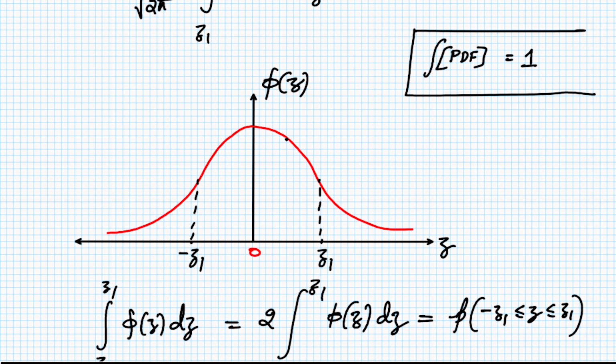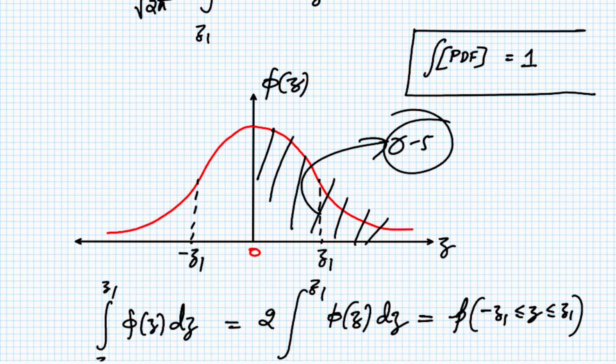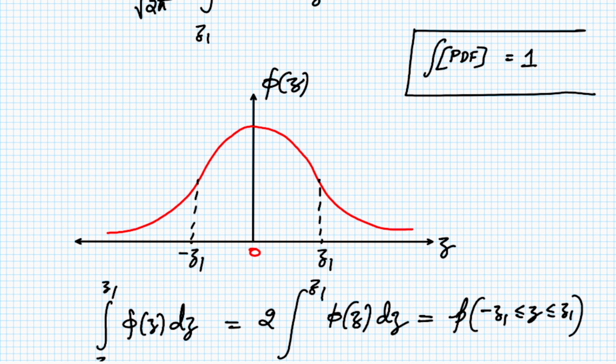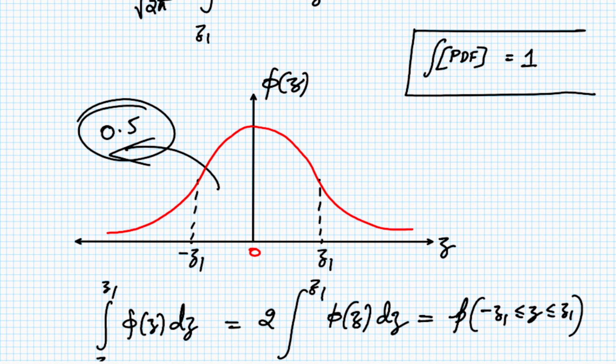This area that I am marking now is equal to 0.5. Whatever I integrate on the left-hand side is also equal to this, because it is the mirror image of the other side. So this area is also 0.5. That's one very important feature that we are going to consider.